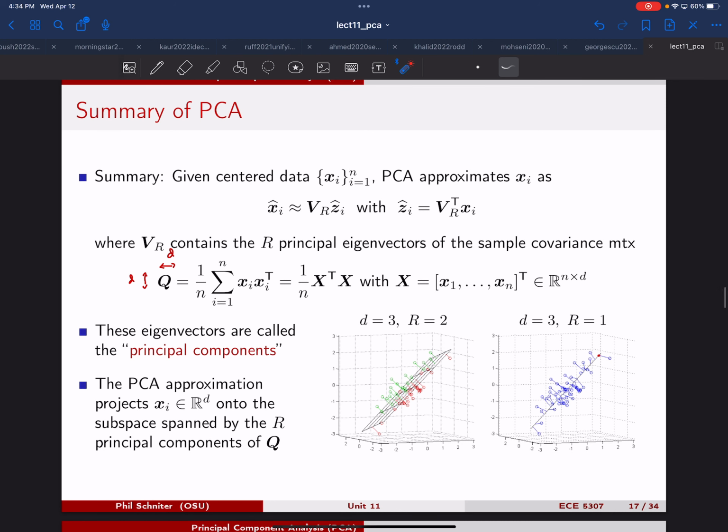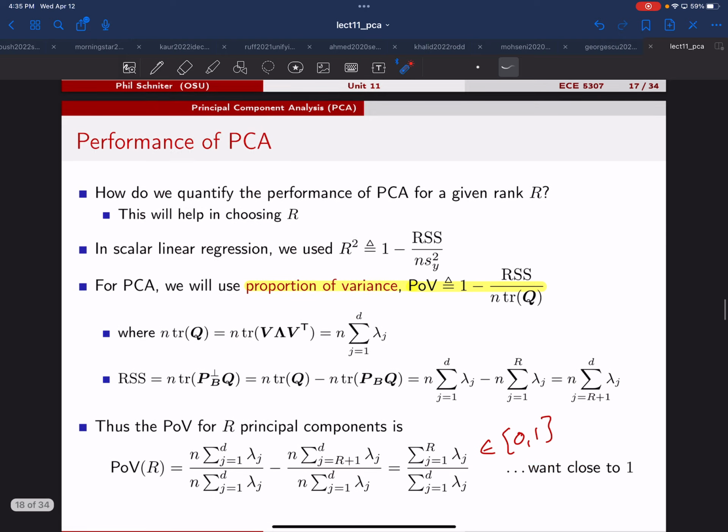Summary, okay. So once we computed Q, when we took our eigenvalue decomposition, which gave us V, what is this V_R? It contains only a few of the eigenvectors, not all of them, right? So with the SVD or PCA, you first get all of them, and then you throw away most of them and keep only capital R. So that seems a bit wasteful.